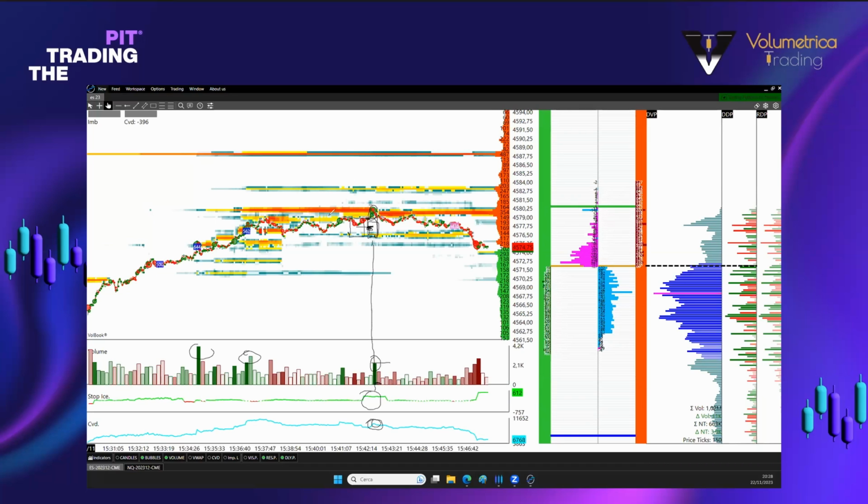So when we have absorption, we tend to have a peak in the volume histogram corresponding to the area where the absorption takes place, with a dark, strong delta, representing the effort made, the energy spent eating the liquidity.